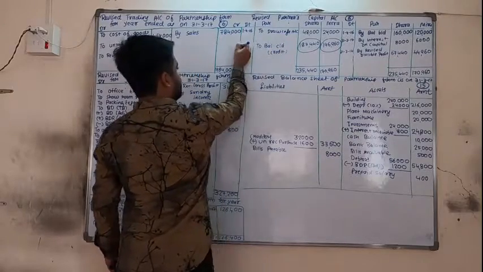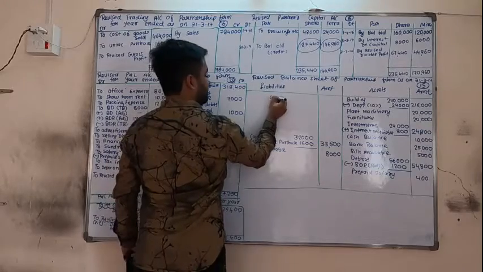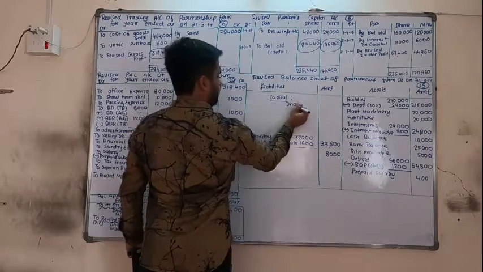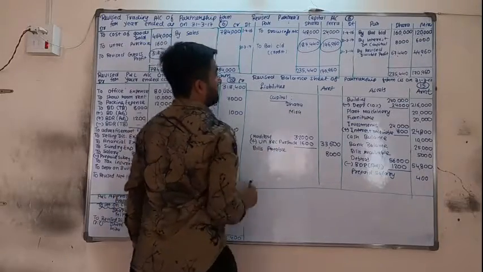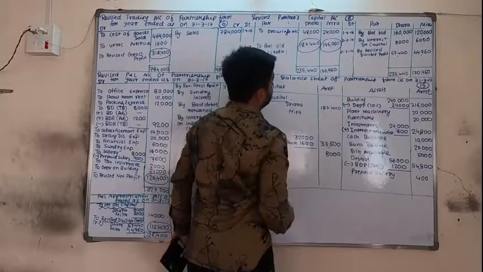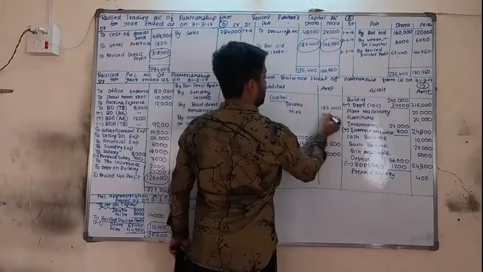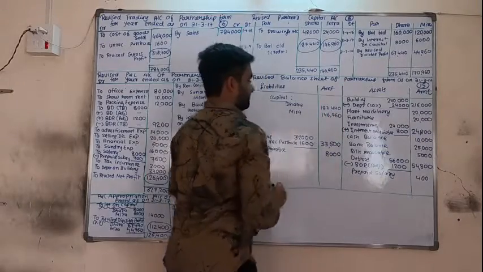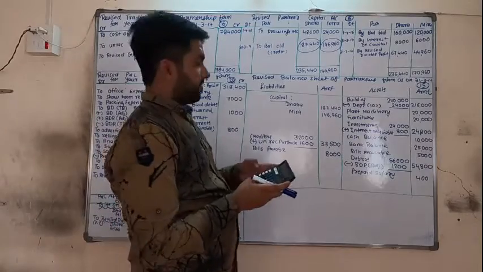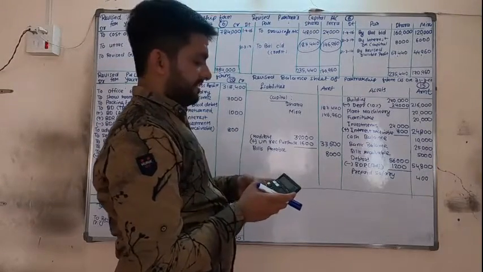It is on the debit side. Then here capital, Zara and Mira: 1,87,440 and 1,46,960. Then 1,87,440, 1,46,960, 33,600 and 8,000.